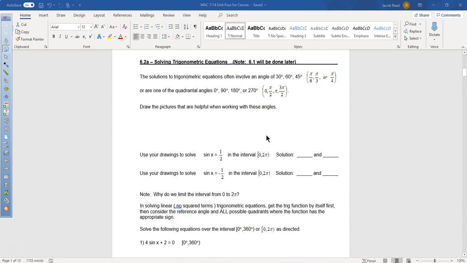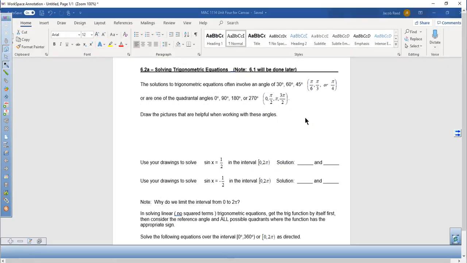Okay, so solving trigonometric equations. Solution to trigonometric equations often involves angles 30, 60, 45 that you guys know are pi over 6, pi over 3, pi over 4. It could also be quadrantal angles, 0, 90, 180, 270, that you also know as 0, pi over 2, pi, 3 pi over 2, so degrees, or it could be in radians, or it could be decimal radians.